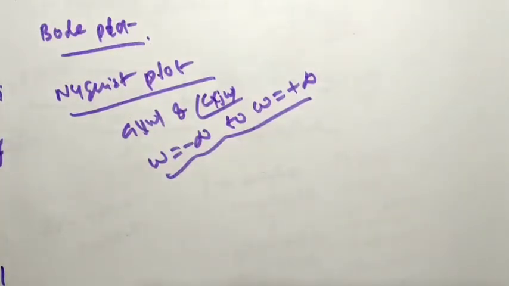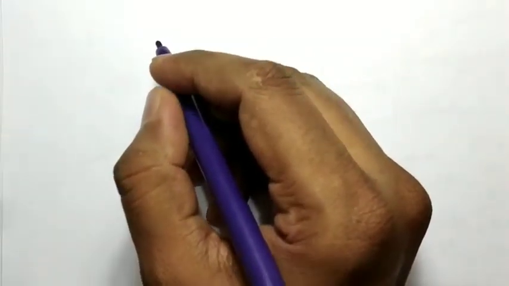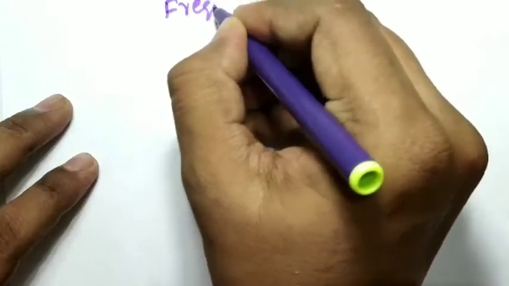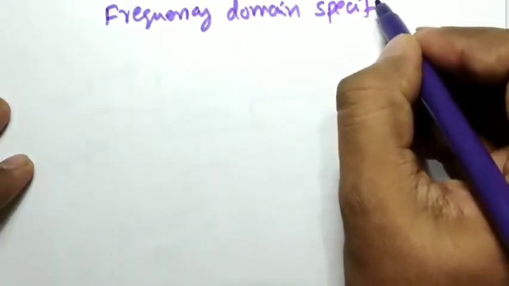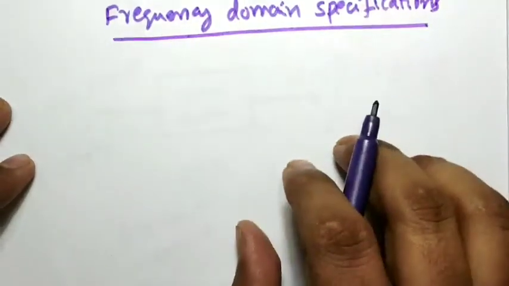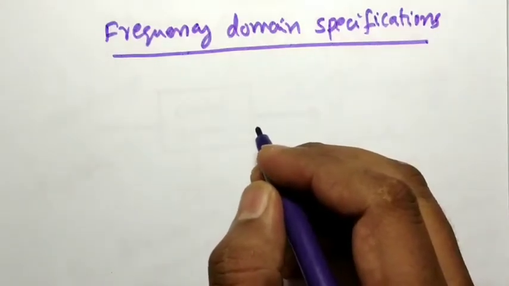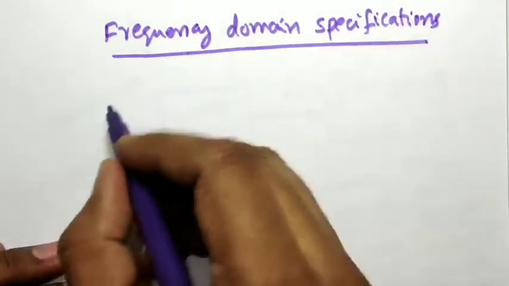As I told you, they are the bandwidth and the resonant frequency omega r. First I am going to draw a graph.